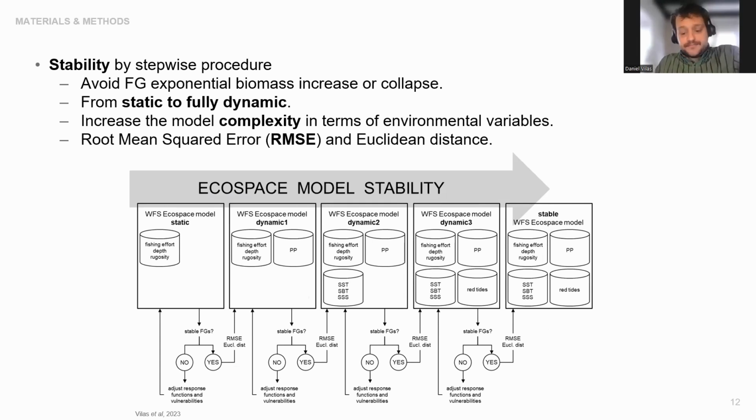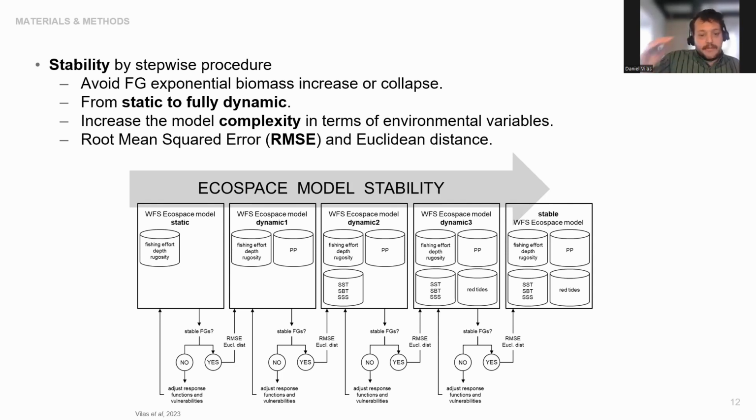Once we build the model, we start a stability process. This stability process is a stepwise process in which we start building the environmental complexity in the model, going from the static version of the model in which there are no temporal environmental variables.